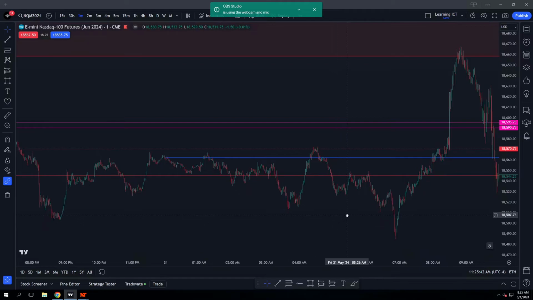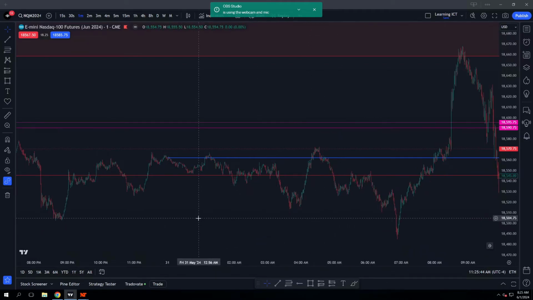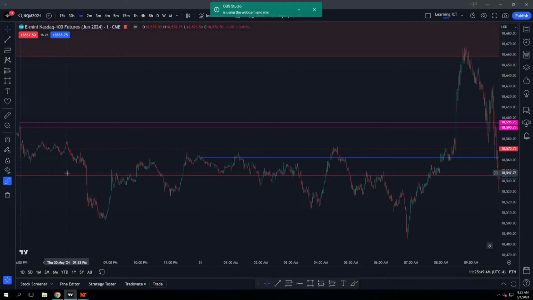So it was here. I was looking at this when this price broke the buy side liquidity, it created a breaker. There was actually a new week opening gap here. I'm not gonna mark it because it's so long, but if you check my other chart, there was a white line right here.